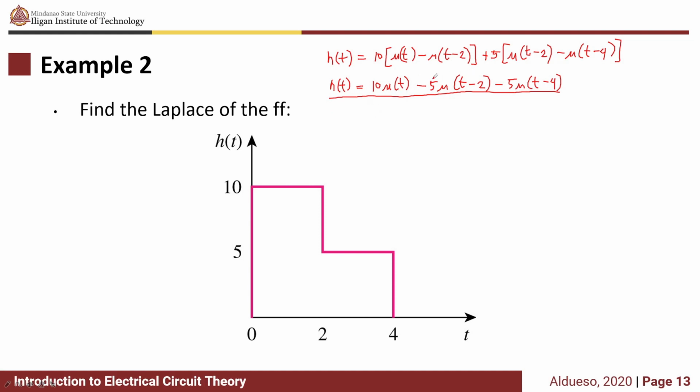If you're wondering if this is the right expression for h of t, let's get the values at a certain time. We all know a unit step function. If we have u of t, this value is 0 if t is less than 0, or this is 1 if t is greater than 0. Let's take the value of h of t at t equal to 1.